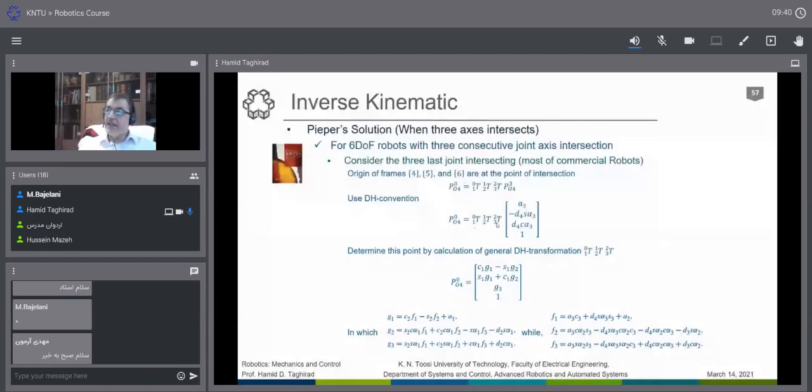For a general case, the last link has a position and orientation like this, and we can use this position in a formulation like this.